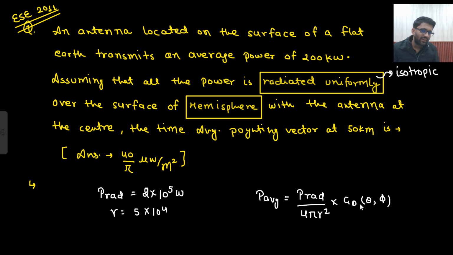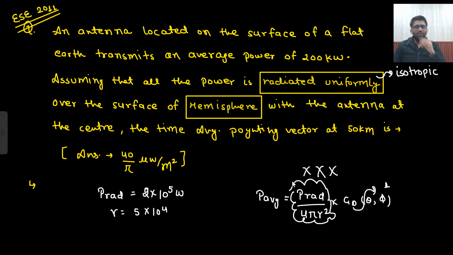And for an isotropic antenna, this will be 1. So is this formula correct, P radiated upon 4 pi r square? No. When I was writing down this formula, P radiated upon 4 pi r square, I was again and again saying, assume as sphere. We are assuming as sphere. But if it is a hemisphere, then the surface area will be half. Let's derive this formula again.